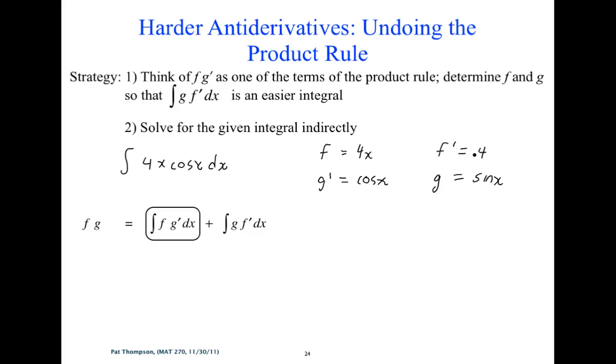So it was doable: 4 times sine x rather than 4x times sine or cosine. By picking f to be the x term, its degree goes down by 1, which helps you decide which one is going to be f and which one is g prime.